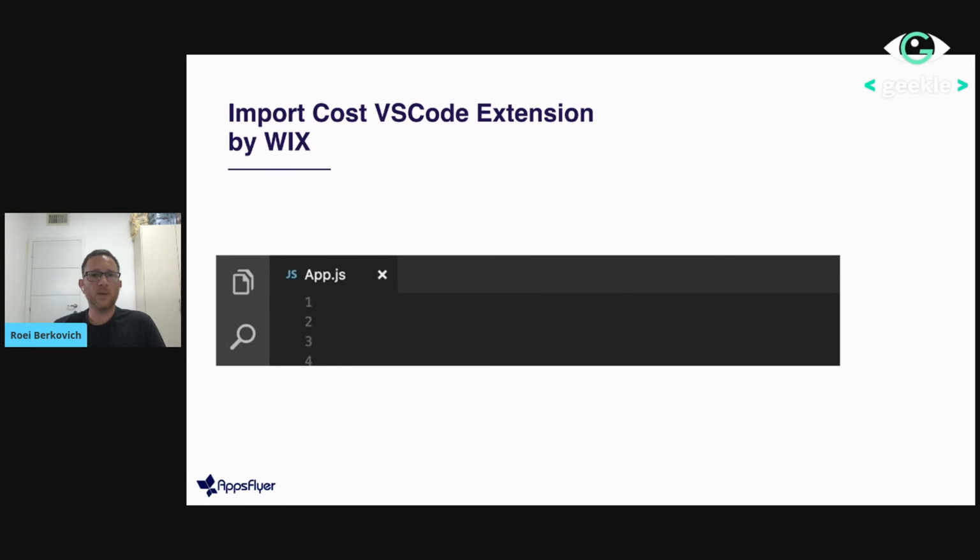So the first one is an extension by Wix called Import Cost. It's for VS Code. This extension will display the size of imported packages inline in the editor. The extension actually utilizes Webpack in order to detect the imported size.